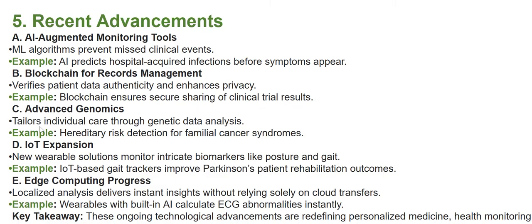Advanced genomics tailors individuals' care through genetic data analysis, for example, hereditary risk detection for familial cancer syndromes. IoT expansion: new wearable solutions monitor biomarkers like posture and gait. Example: IoT-based gait trackers improve Parkinson's patient rehabilitation outcomes.